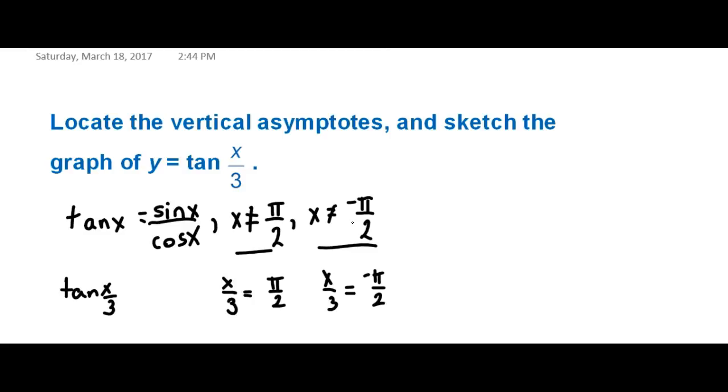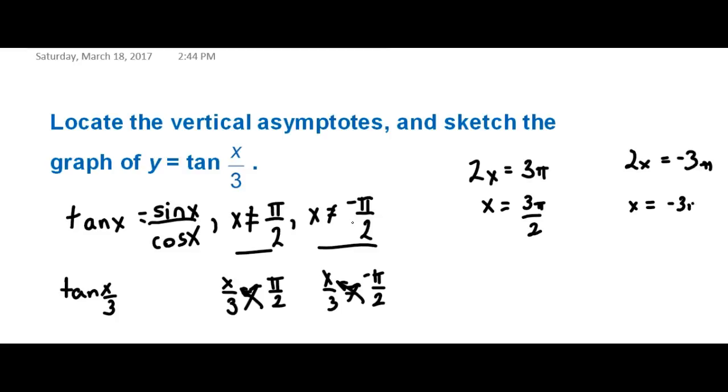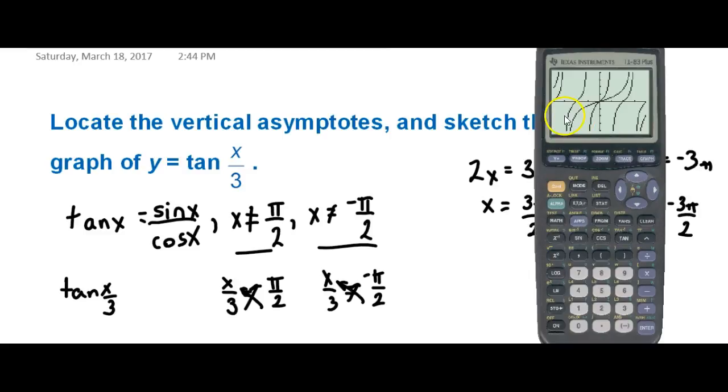So we've got 2x equals 3 pi and 2x equals negative 3 pi if I just simply cross multiply these two proportions. Then when we solve them, we get x equals 3 pi over 2 and x equals negative 3 pi over 2. That gives me two asymptotes, which you saw in the graph of this larger function.